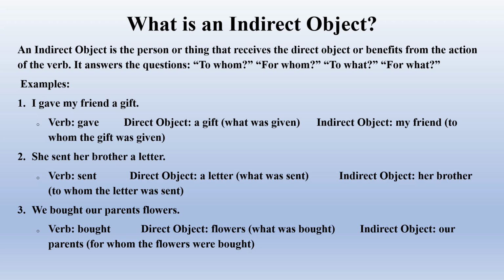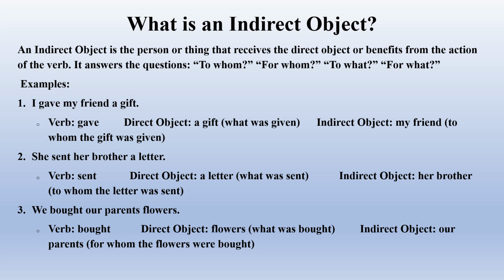So an indirect object is the person or thing that receives the direct object or benefits from the action of the verb. It usually answers the questions to whom, for whom, to what, for what. In simple words, it is who the action is done for or done to.